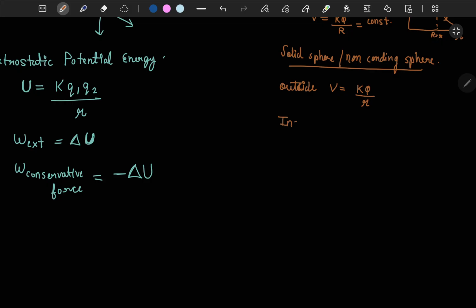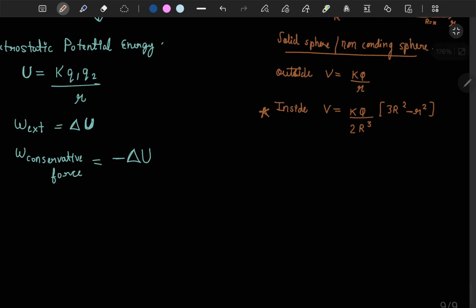Inside, the potential varies, because in the hollow sphere the potential inside and on the surface was the same, constant kq by capital R. But here inside the potential will vary: kq by 2R cube times 3R square minus small r square. This formula you have to remember.